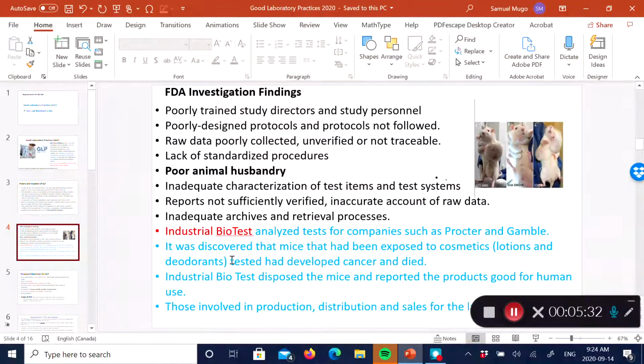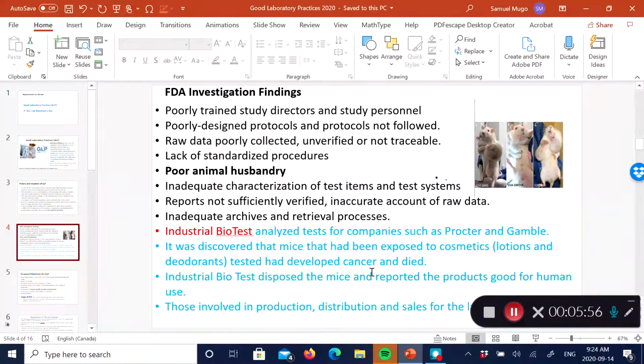The problem is that they went ahead and did the studies and cleared that active ingredient to be used in cosmetic products for this company, and the products went to the market. However, the active ingredient later on was found to be a cancer-causing agent.